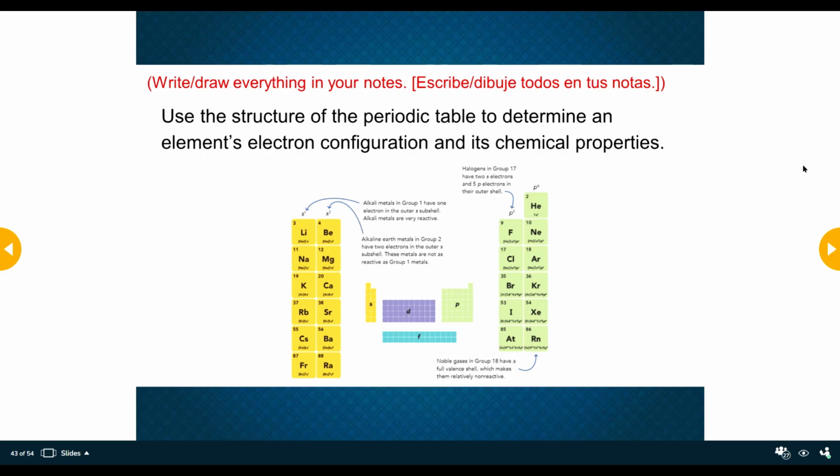Similarly, halogens in group 17 have 2 s electrons and 5 p electrons in their outer shell. What this means is that halogens are very reactive because they are only missing 1 electron.